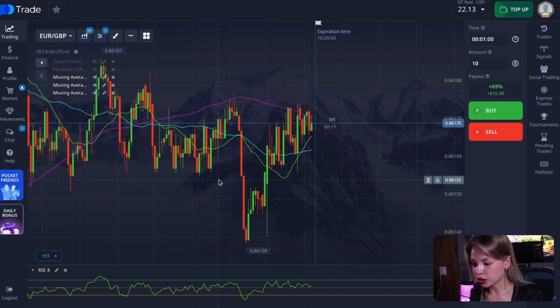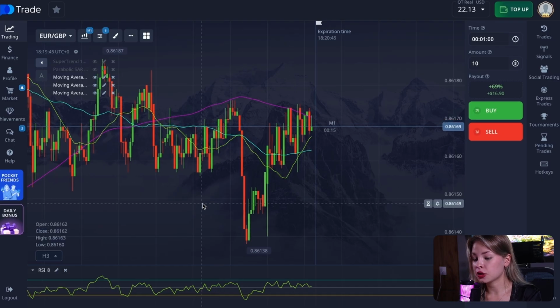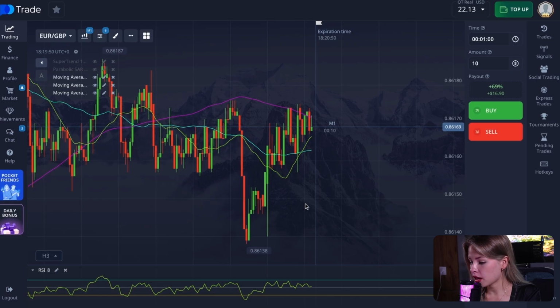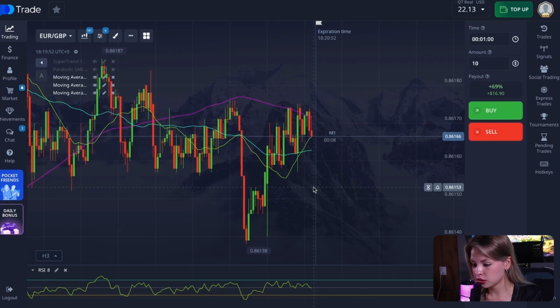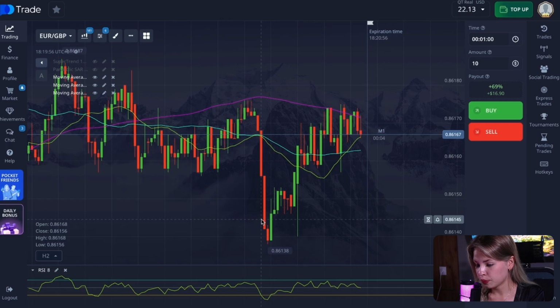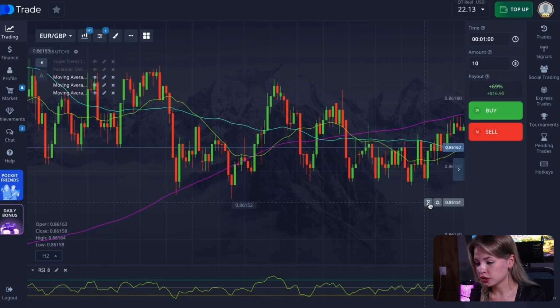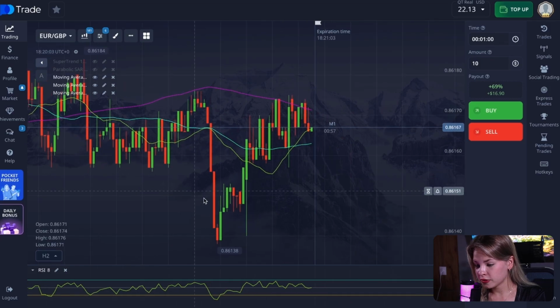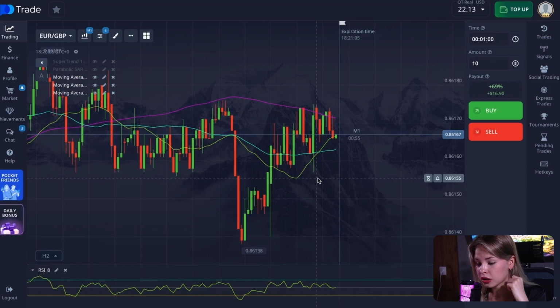And now look at our 20 MA. I remind you that it's colored in green. So it's looking like a resistance level. And you see here that our candlesticks are just between our 200 MA and 20 MA. And the 50 is also a grand trend line.